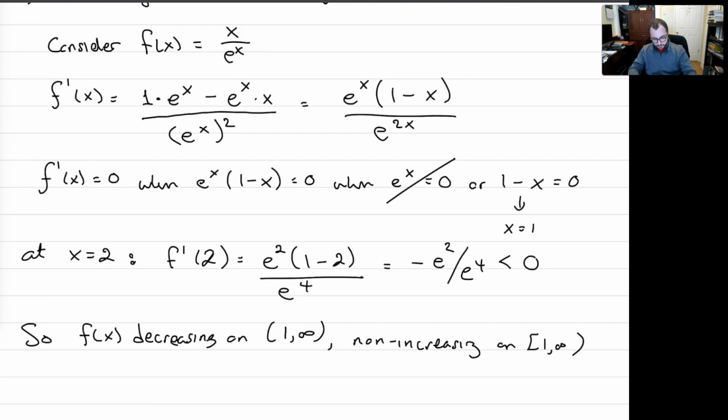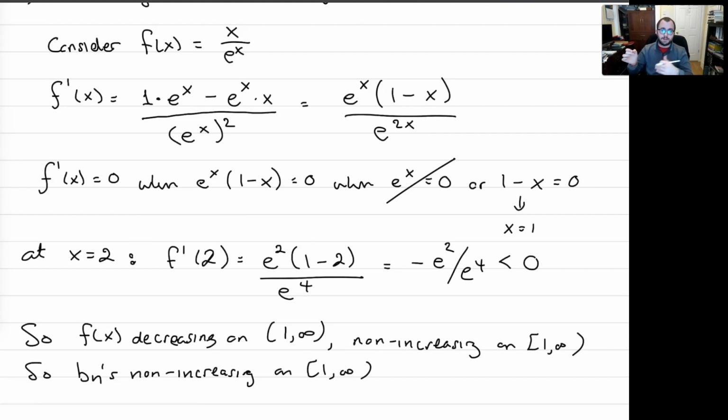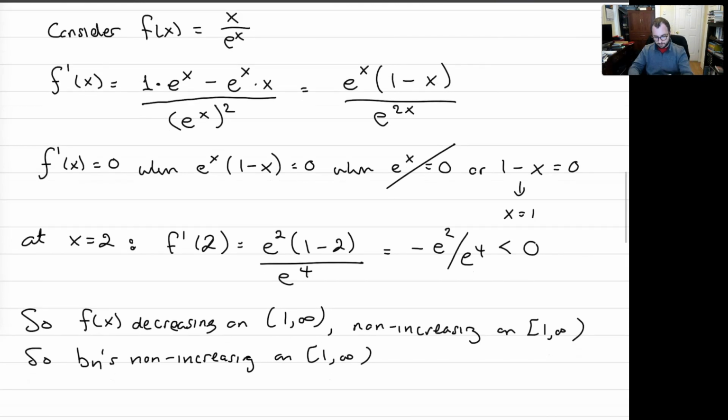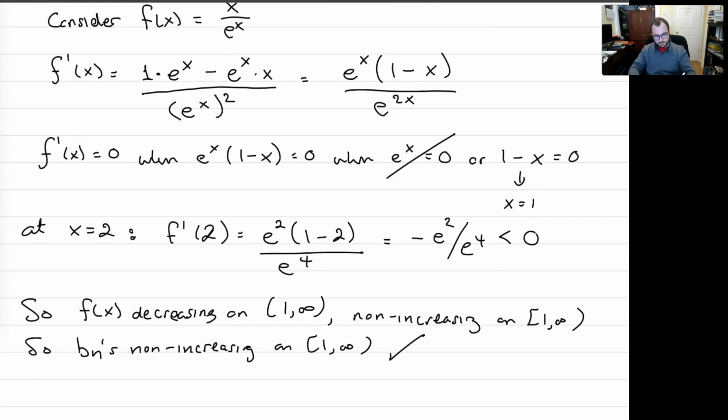So the b_n's are non-increasing on 1 to infinity. Using the derivative, I've shown that the terms either decrease or don't change on the interval 1 to infinity over which I'm adding it up. And that's what it means to be non-increasing. So that's condition 1 checked.